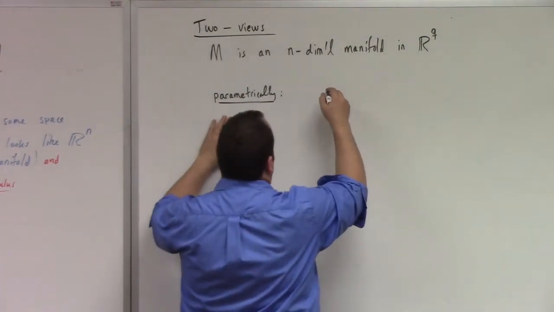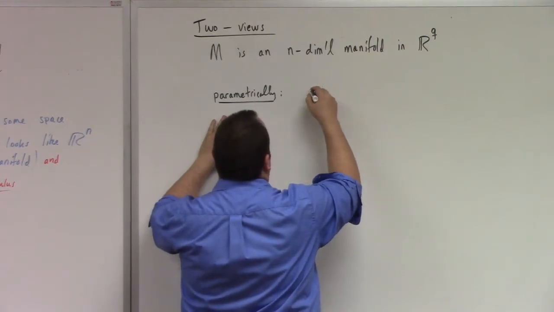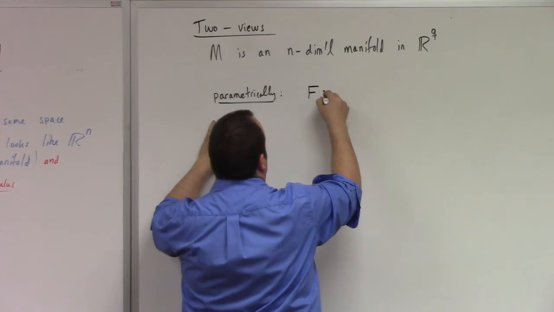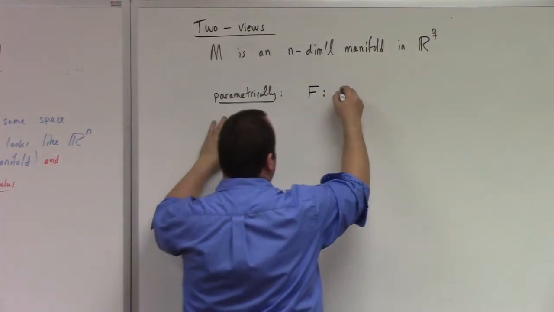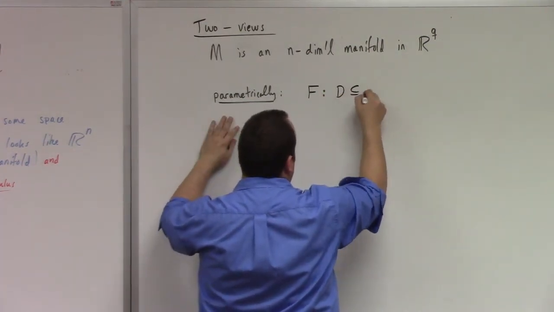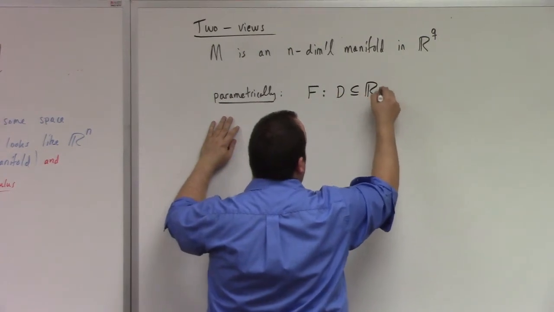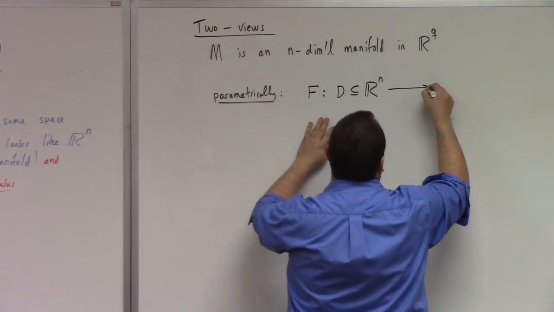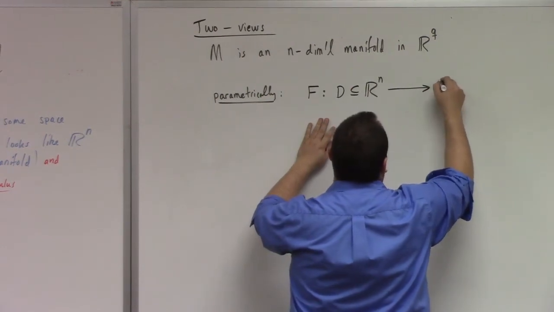You've got some sort of, let's say, F, which is a mapping from, let's say, D, some subset of Rn, and it's going over here to RQ.